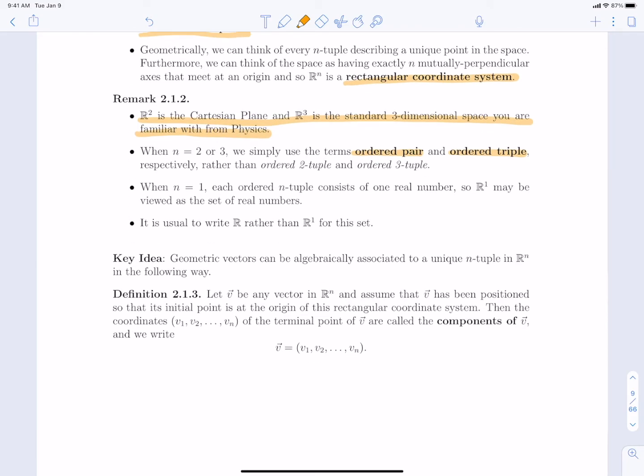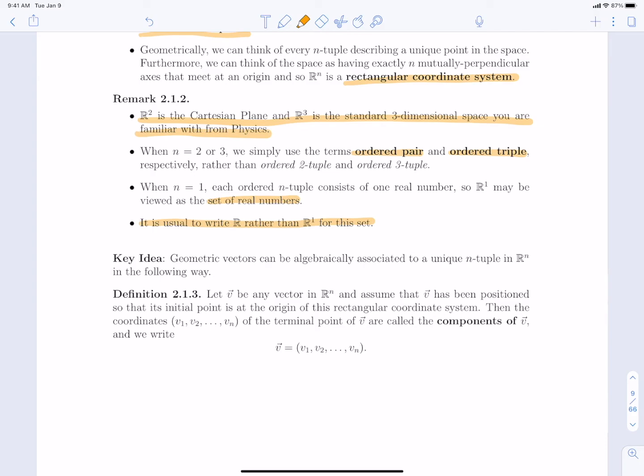If I wanted to, I could look at things in R1 as one component n-tuples, but this is just our set of real numbers. And so I'll tell you a secret, mathematicians are lazy. And so instead of actually writing it as R to the power of 1, we just write it as R.